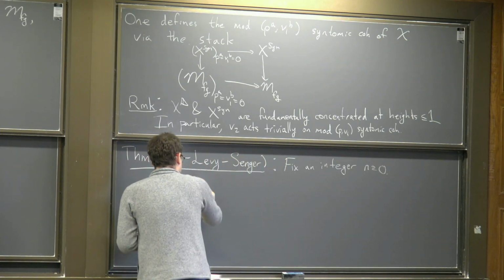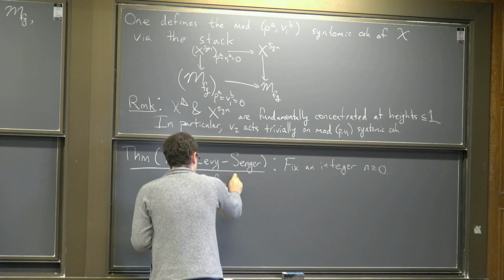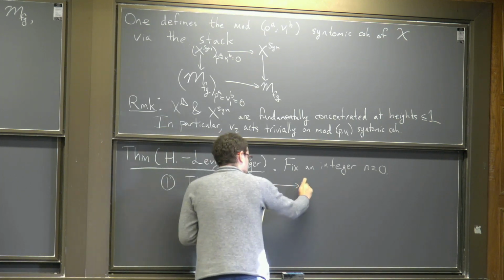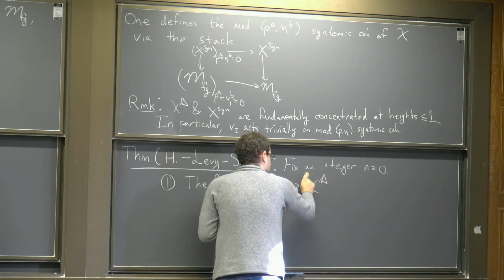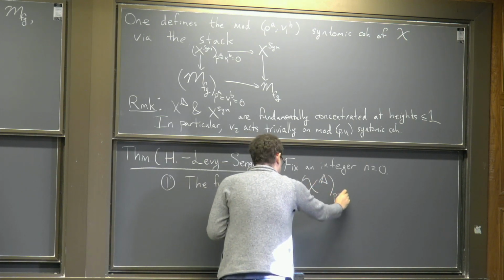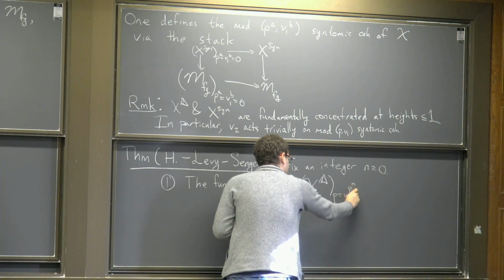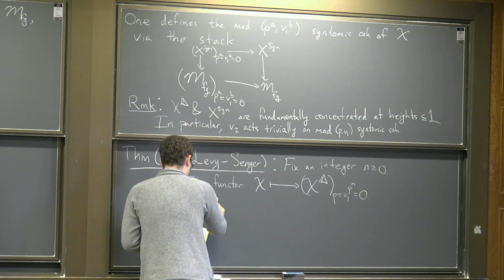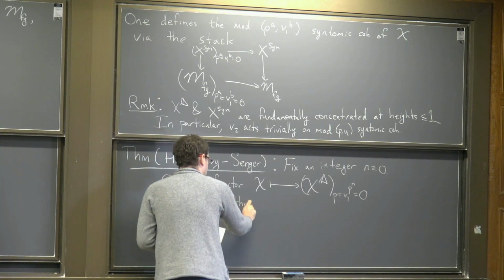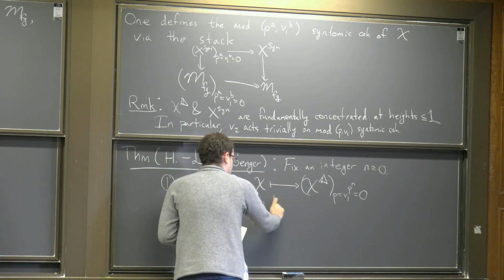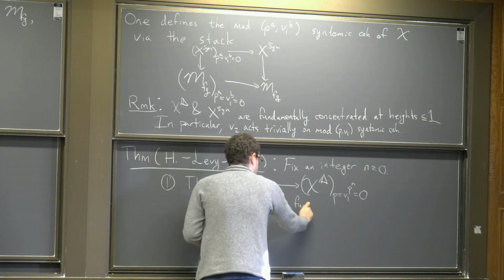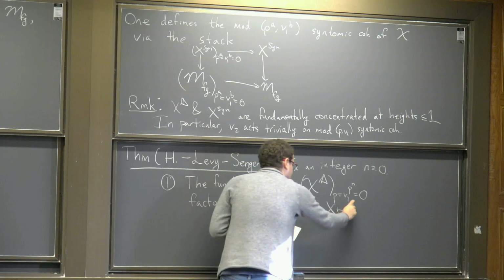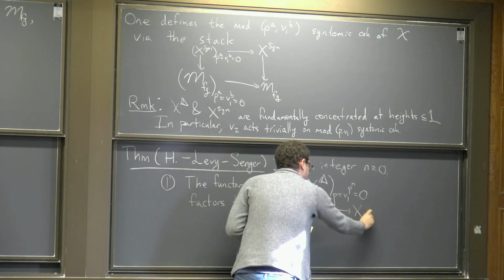One is that the functor X mapping to X prism mod p equals v1 to the p to the n equals 0 factors through the functor X maps to X mod p to the n plus 1 equals 0.